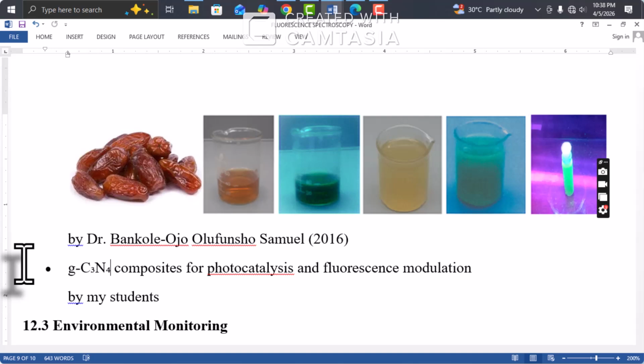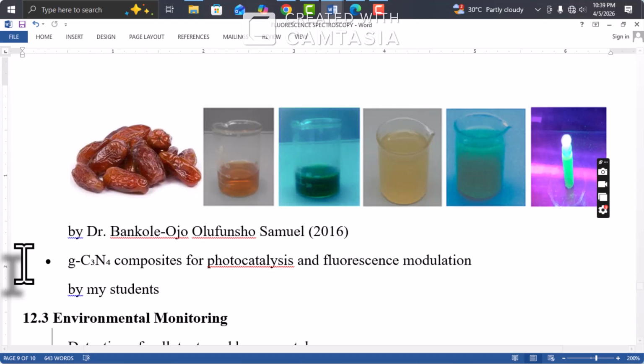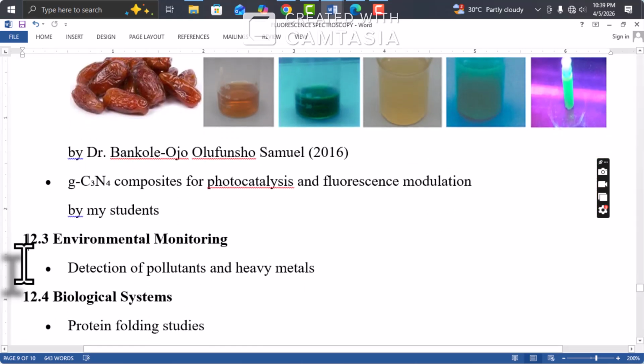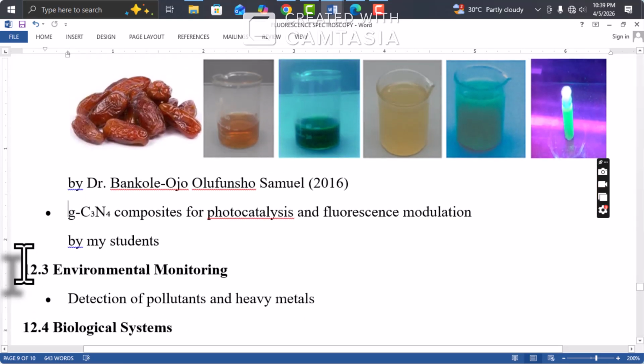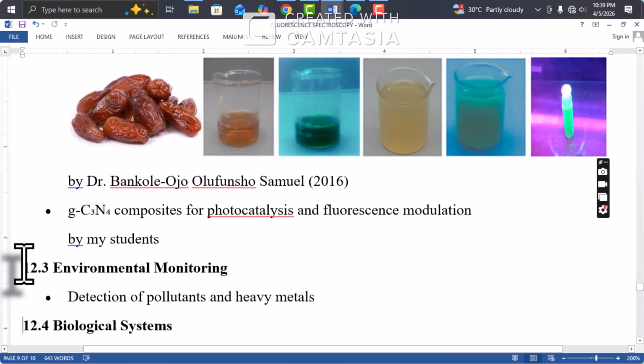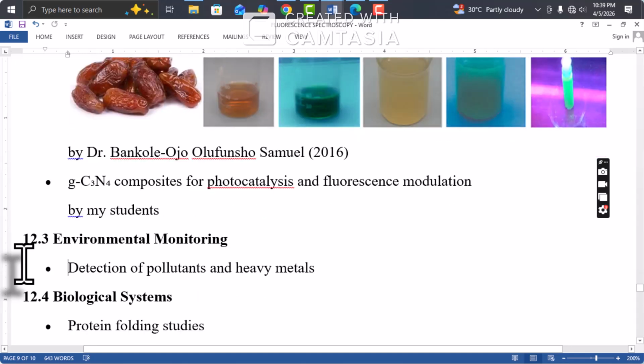They are using their own for photocatalysis. Some are doing photocatalysis, some are doing sunscreen and other things. So we see how that works. Fluorescent material is something I'm working on, so I'm not teaching you something that is abstract.